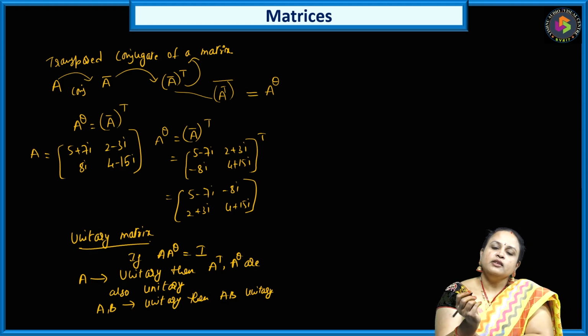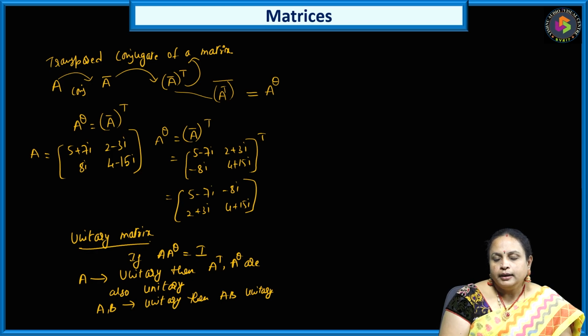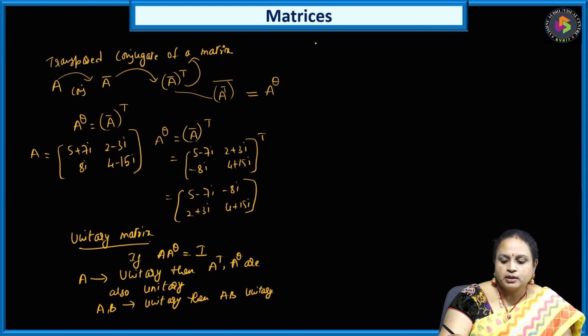Then let us see a few problems on this, and then we will move on to our next topic, that is the rank of a matrix. So before moving to the rank of a matrix, let us see a few problems. Let us see the first problem.